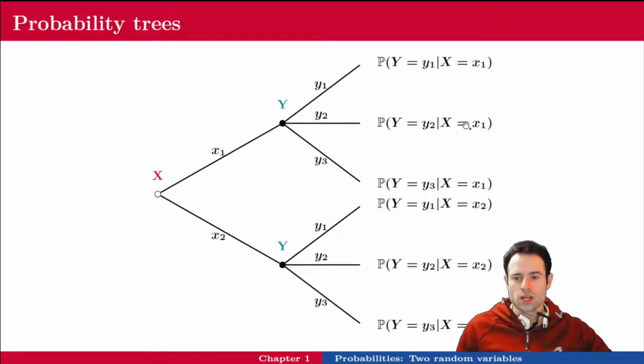The second branch is going to have the same condition because it comes from the same node here. The third branch is going to have the same condition as well because it also comes from the same branch. In the second part of the tree, the condition at the end will be x is equal to x2 because now we are on the second branch.